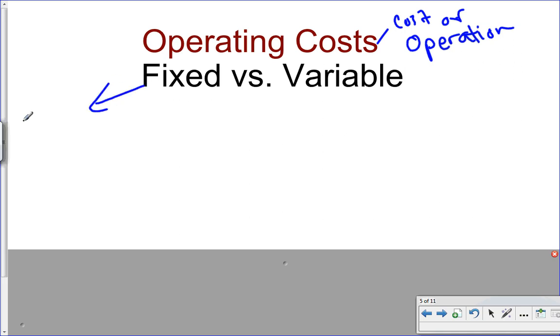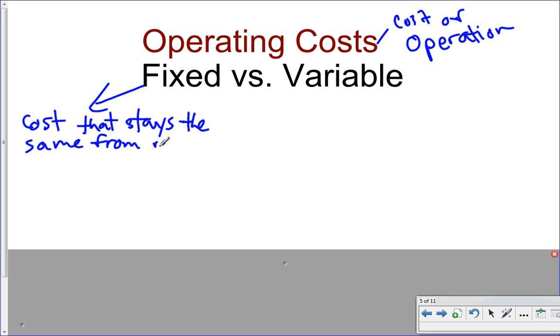Fixed cost is the cost that stays the same from month to month. No matter how much you produce or how much you use, it stays the same month to month. I would equate this to like a cable bill.